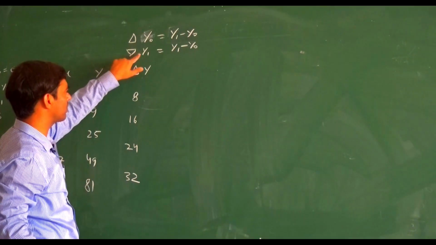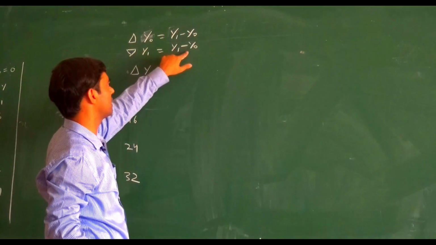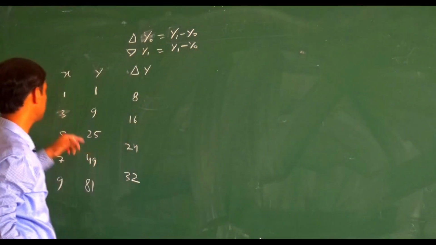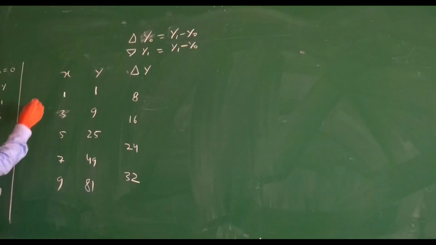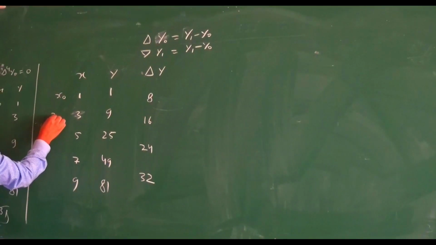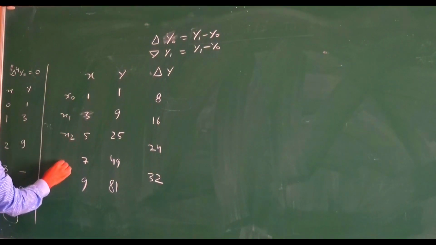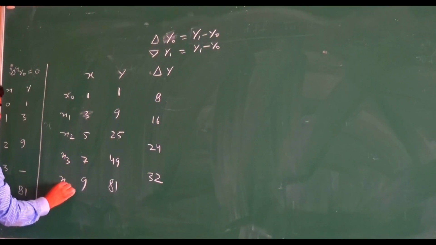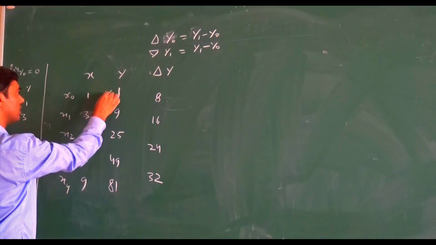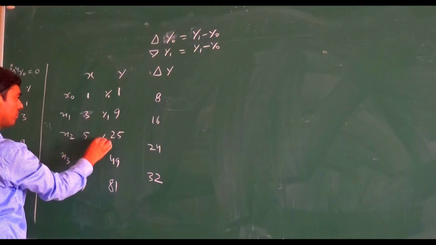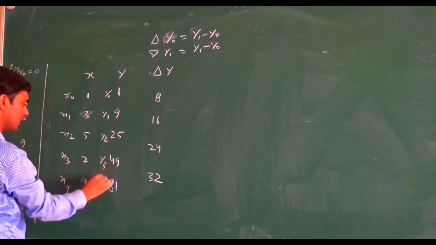If we try to find the backward difference of y0, this becomes y0 minus y minus 1, but there is no term y minus 1. If we start from this one, it is x0, this one is x1, this one is x2, this one is x3, this one is x4, with corresponding values y0, y1, y2, y3, y4.